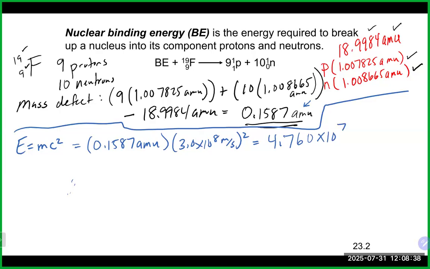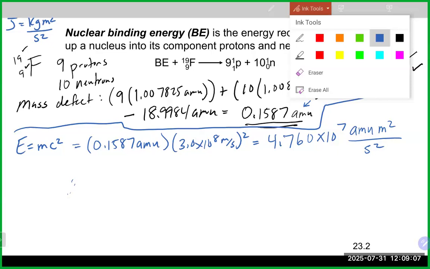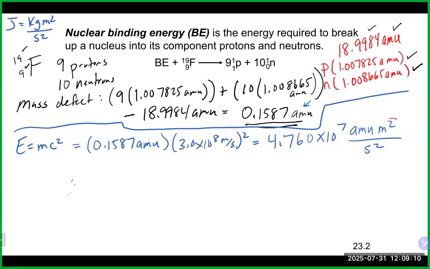Now, in terms of the units here, we have AMU meters squared per second squared. An important relationship that you might remember is that a joule is equal to a kilogram meters squared per second squared. So we're really close to that value. We have our meters squared and seconds squared, but we have AMU here.